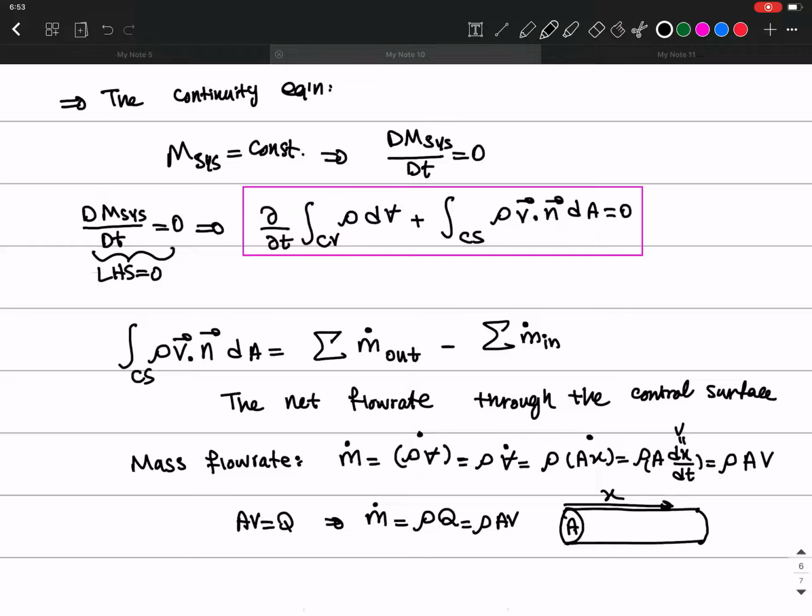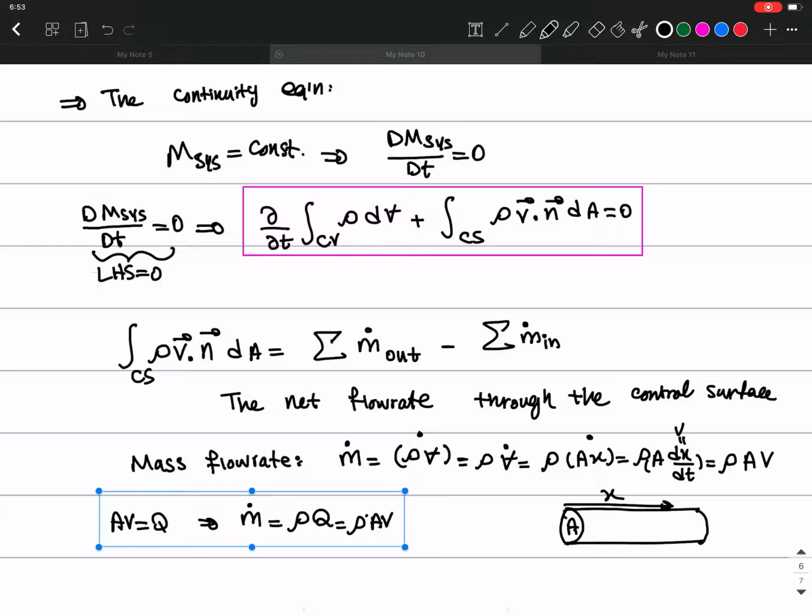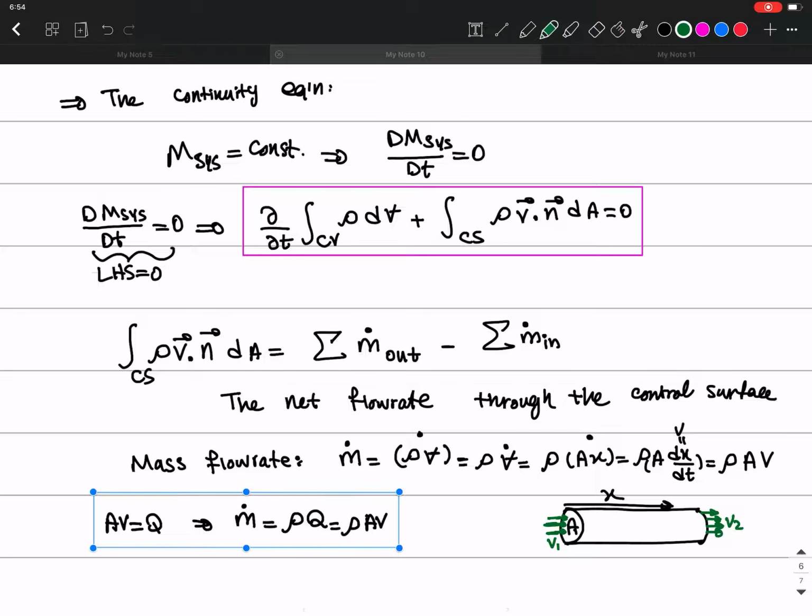So this means that this term is going to be, for example, if you have a V1 here, say for a two-dimensional case, let me write this down, and you have V2 here, for one dimension, this is a one-dimensional case, this integral is going to be rho A V2, which is what is going out, right, minus what is coming in from this control surface, right?